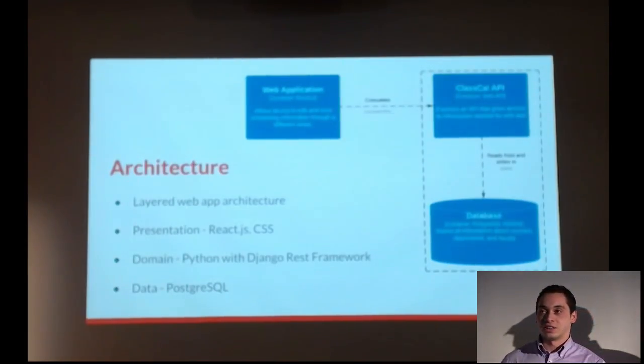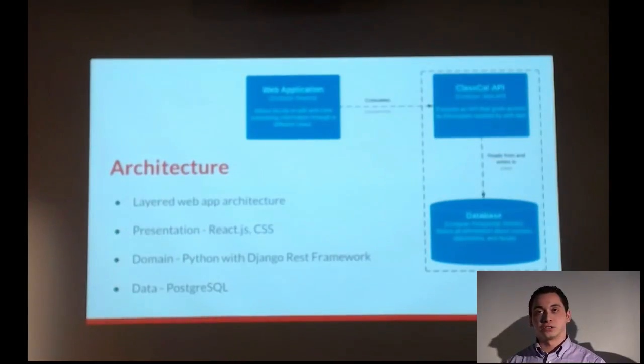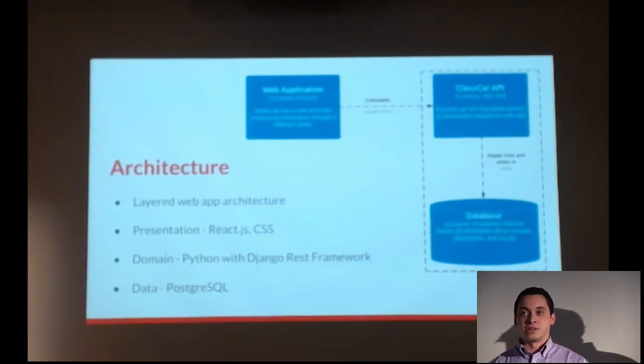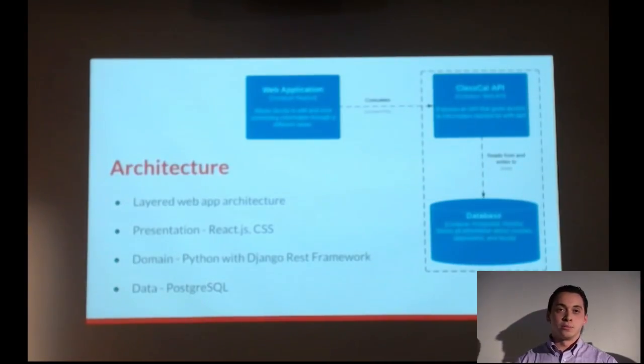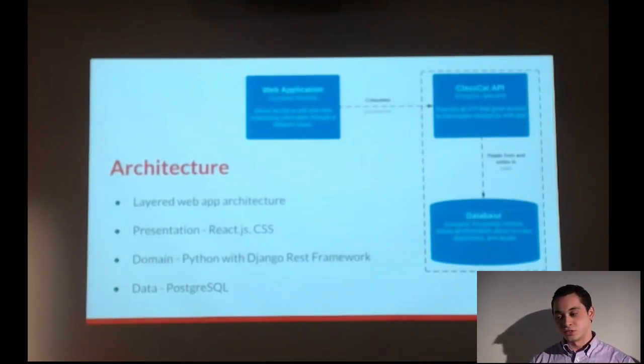So our domain logic is all contained within that REST API. And for our data layer, we're using a PostgreSQL database to store all of our data, and the REST API interacts with this data layer to store data after it does all its logical operations. The presentation layer can then use the endpoints exposed by the API to perform operations on the data and get the data and do the various things it needs to function.